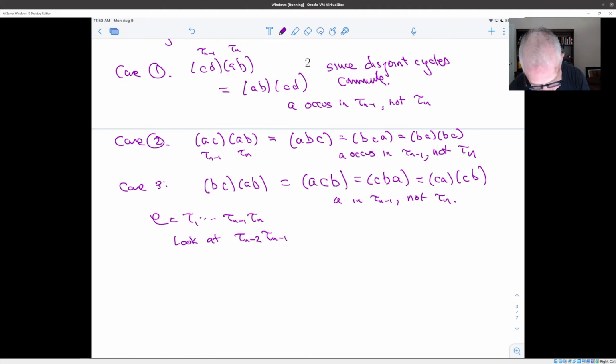So we repeat this. They either cancel, in which case we're done, because n minus 2 is even, so n is even, or we move A to the left one step.